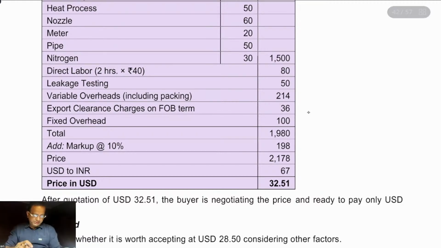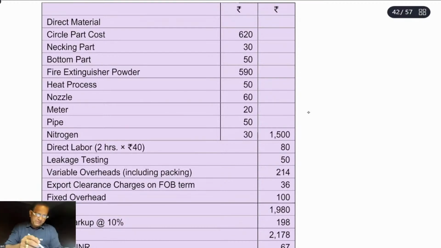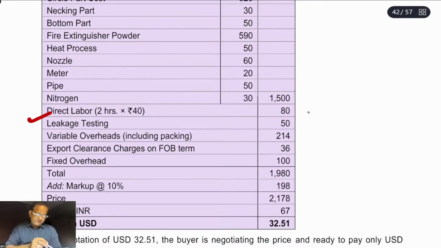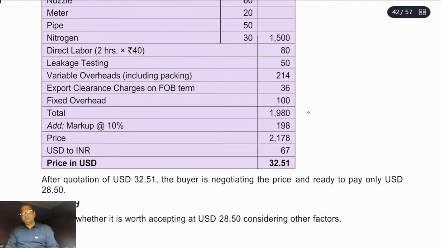Is that clear, beta? So tell me, a major category of material is given, and the second category is labor, testing, variable overhead, export charges, and fixed overhead. Because no additional information is given, you have to take the general assumption while deriving the relevant cost.